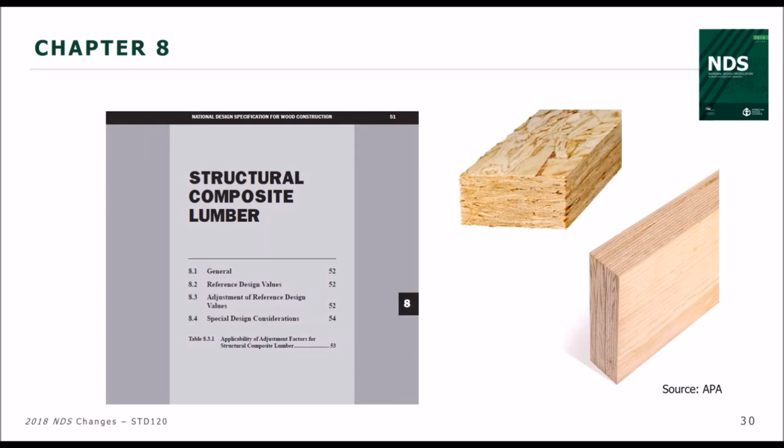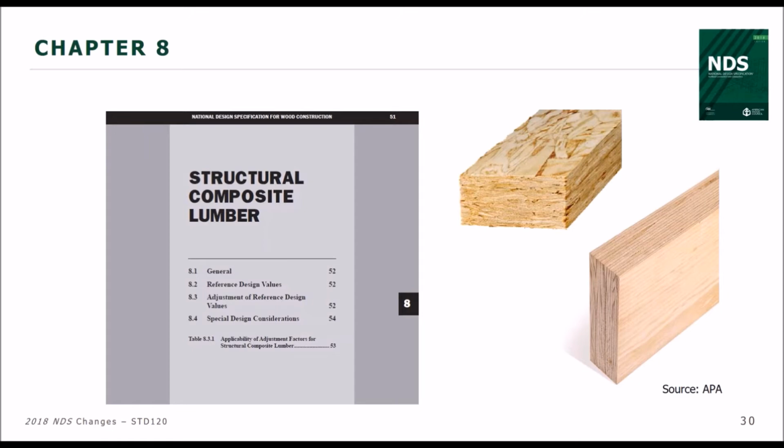There has been some clarification of the language related to the service conditions, and that's in section 8.1.4, which talks about the reference design values reflecting dry service conditions where the moisture content of sawn lumber in service is less than 16% moisture content.